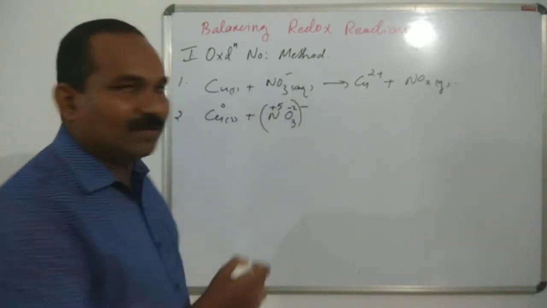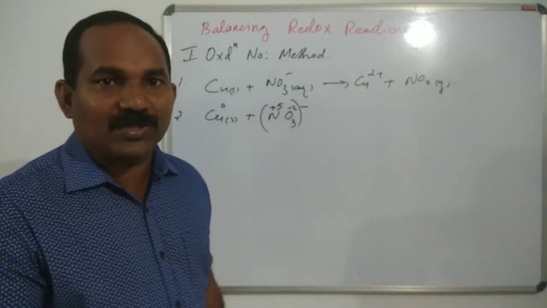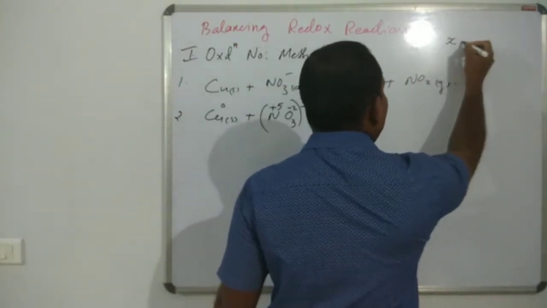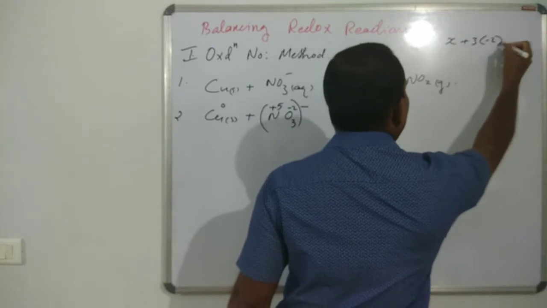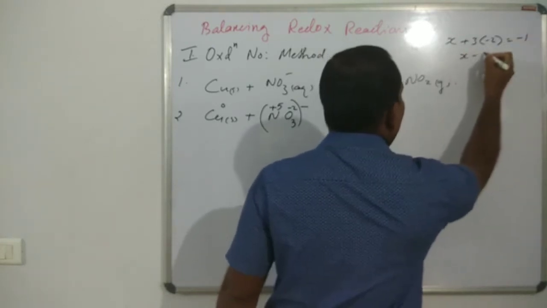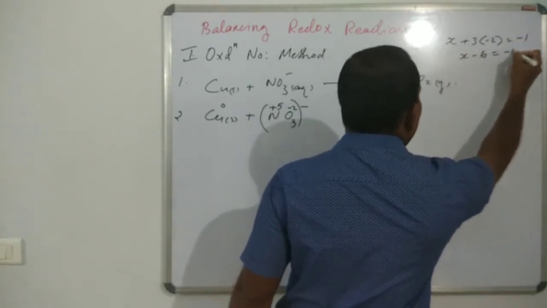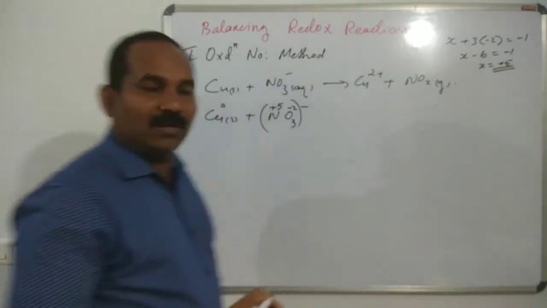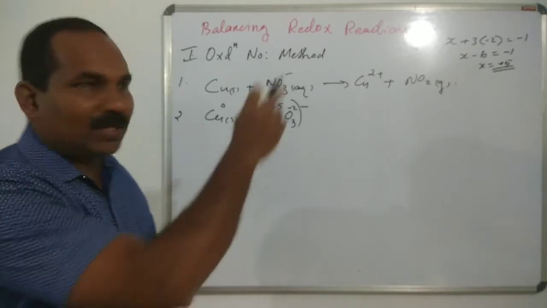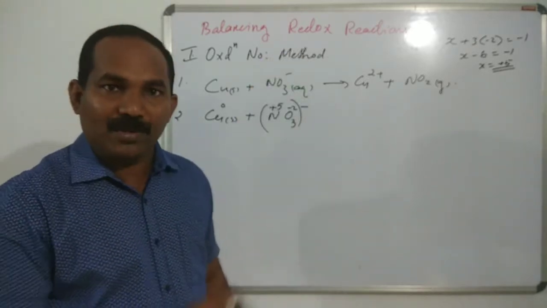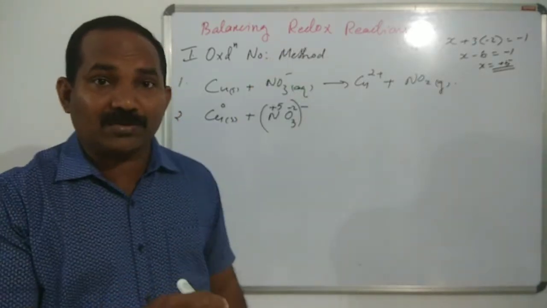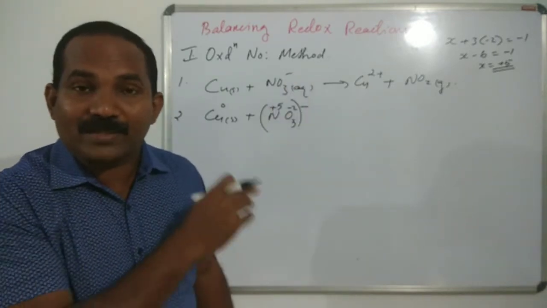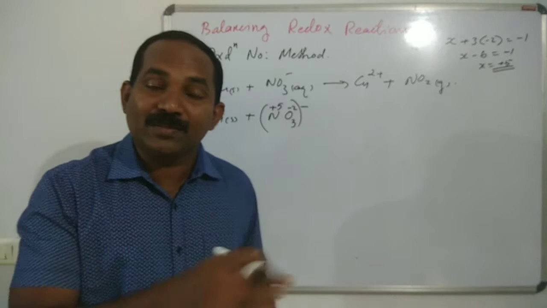Otherwise you can find it by letting X be the oxidation number of nitrogen. No problem. On the side you write X plus 3 into -2 is equal to -1. X minus 6 is equal to -1. X is equal to +5. This is mental calculation. That is the proper way. If you have any doubt in calculating the oxidation number, you choose the method we already did in the previous session.